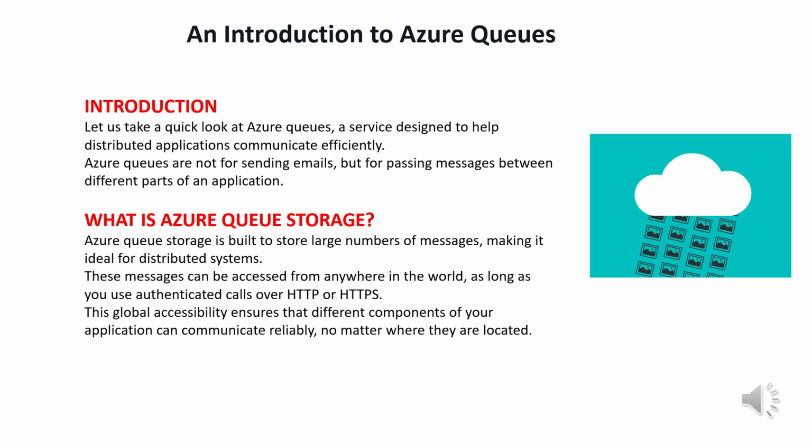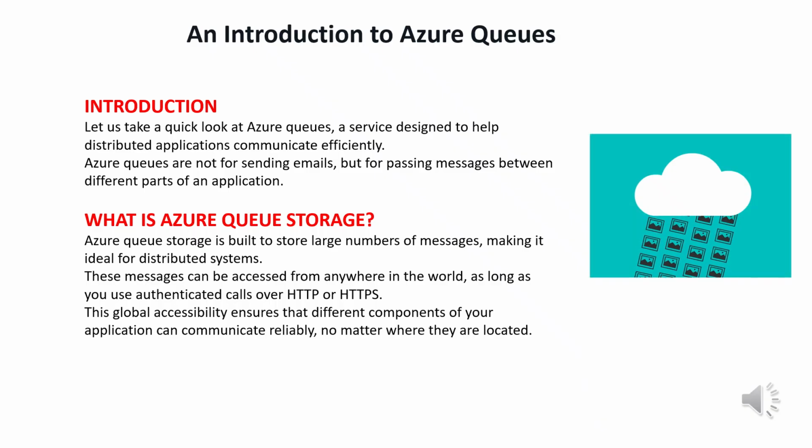Let us take a quick look at Azure Queues, a service designed to help distributed applications communicate efficiently. Azure Queues are not for sending emails, but for passing messages between different parts of an application. What is Azure Queue Storage? Azure Queue Storage is built to store large numbers of messages, making it ideal for distributed systems.